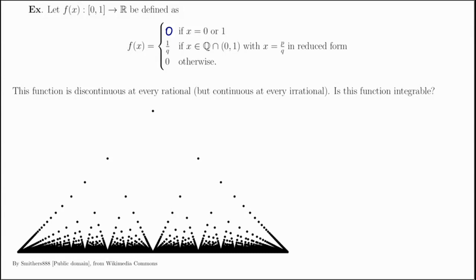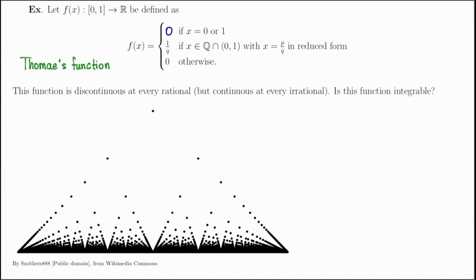Let's look at a function called Thomae's function. What this function does is it takes the value 1 if x is 0 or 1. So that's like down here, this is the point (0, 0), and over on the right, this is the point (1, 0). Between 0 and 1, if x is rational and written in reduced form, say for example x equals 1/2 but not x equals 2/4, then it takes the denominator and replaces the numerator with 1.